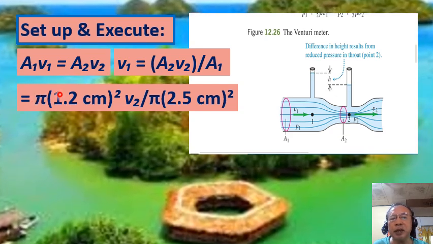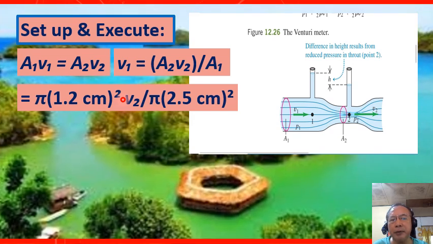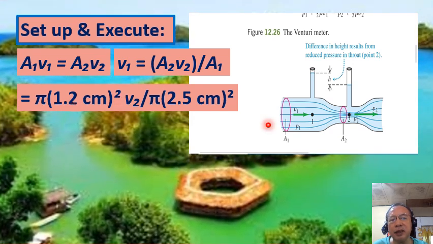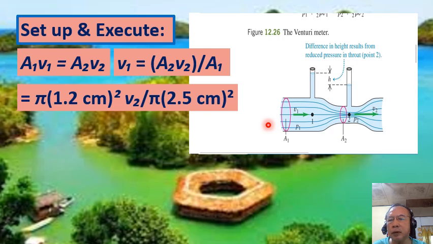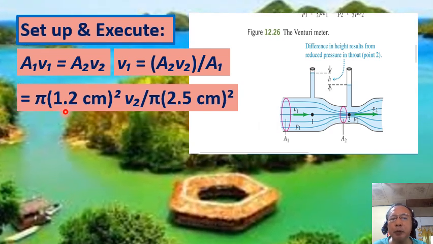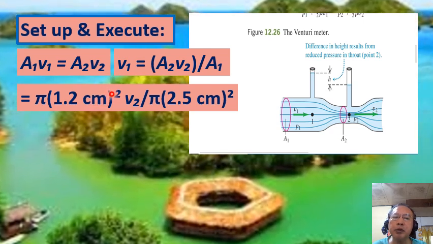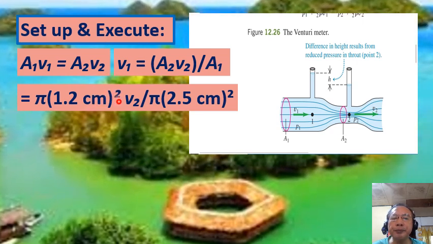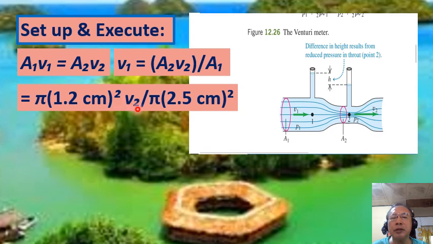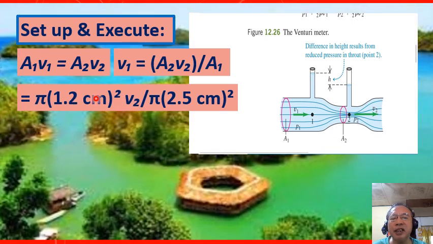A sub 2 is just equal to pi r squared. And since the radius of the cross section at point 2 is given as 1.2 centimeters, we have to square it before we do the next operation, all right?